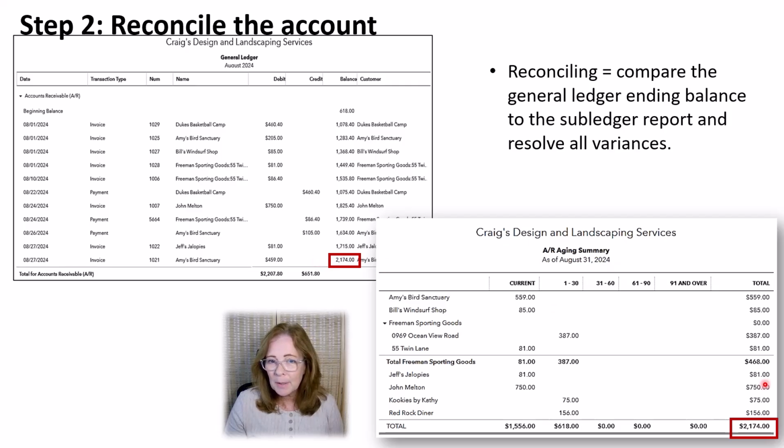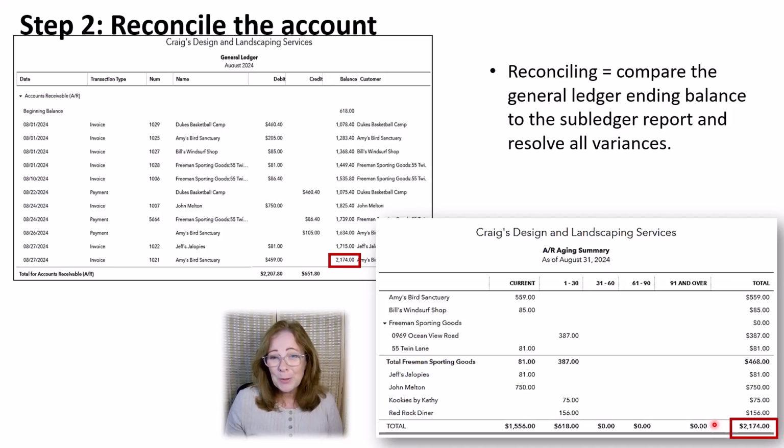The AR subledger report shows a total of $2,174 as of August 31st. So both reports agree, and that provides us with a certain comfort level that the accounts receivable amount of $2,174 on the balance sheet is supported by evidence.